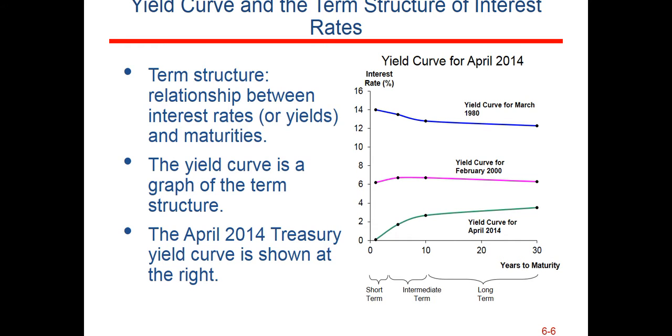Now, what yield curve means is when you start plotting the number of years to maturity, and the interest rate that you are getting for a 1-year bond, for a 2-year bond, for a 10-year bond, and for a 30-year bond, you are going to get what's called the yield curve.